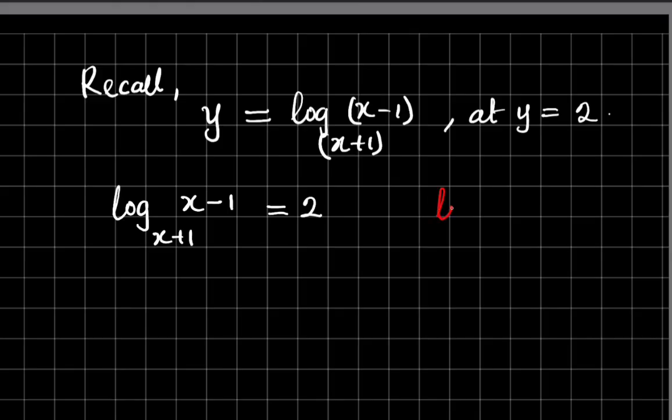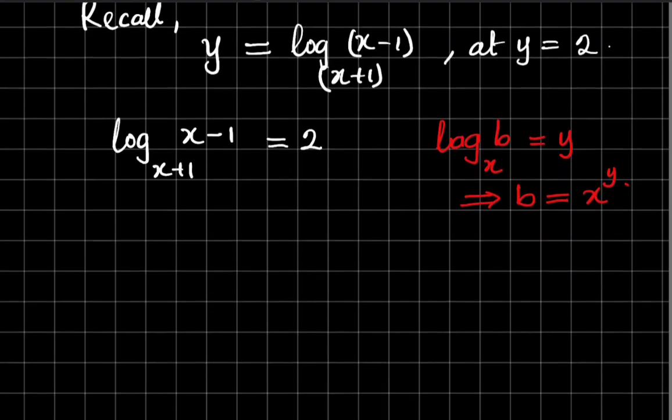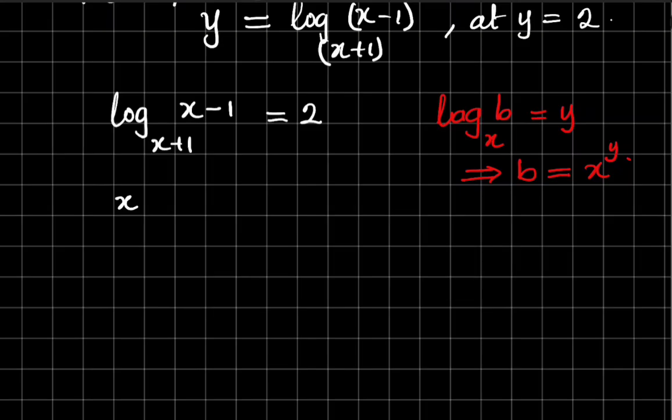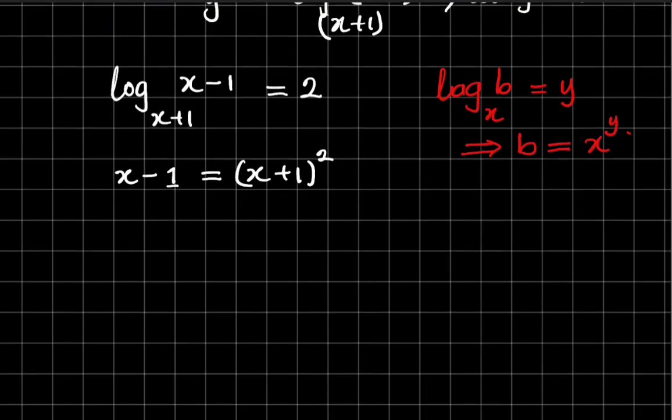Recall the law that says if you have log b base x is equal to y, we can transform the logarithm to indices. So our b is equal to x exponential y. That is the same law we are going to apply here to solve for the value of x. So therefore, our x minus 1 will be equal to x plus 1 exponential 2. So let's simplify the right hand side and let's solve.